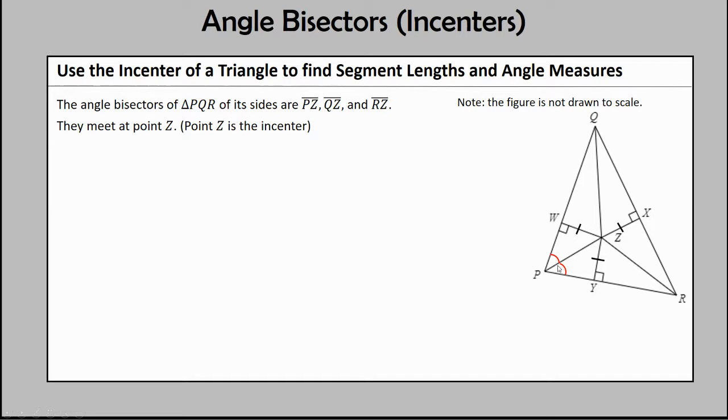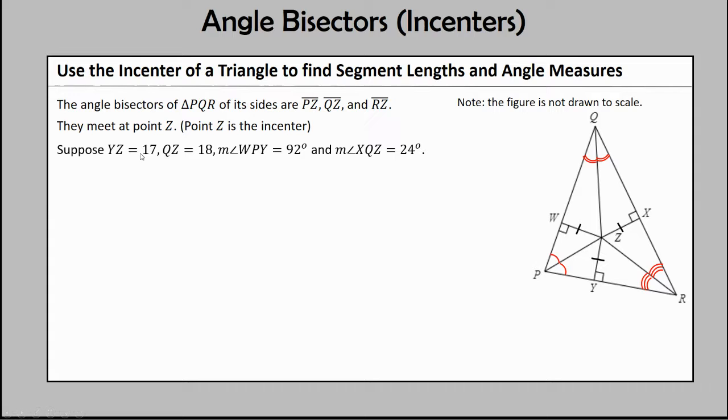I know PZ bisected this angle. I know that QZ bisected angle Q. And I know that RZ bisected angle R. So these two angles are congruent, these two are congruent, these two are congruent. And I know these are all equal distance. So we got a lot of information just by knowing it's an incenter.